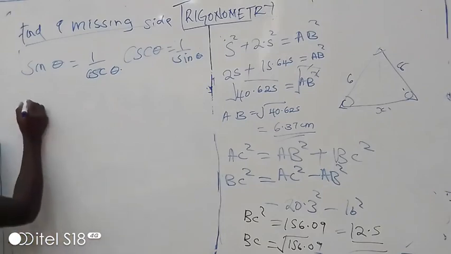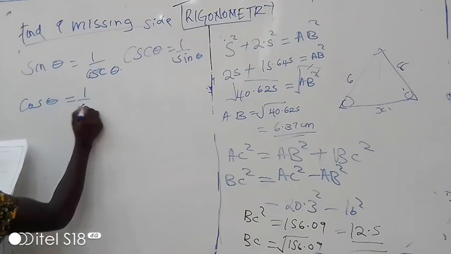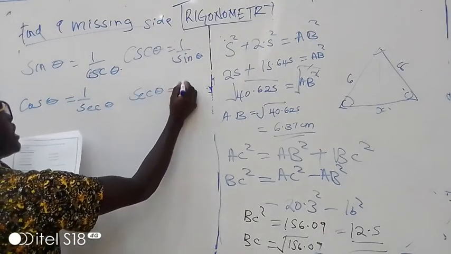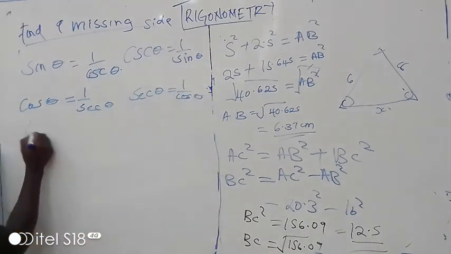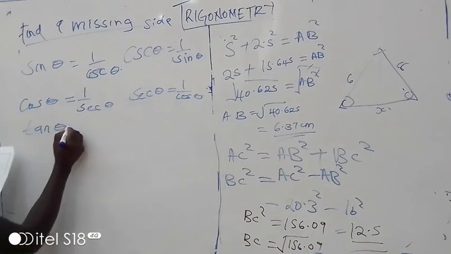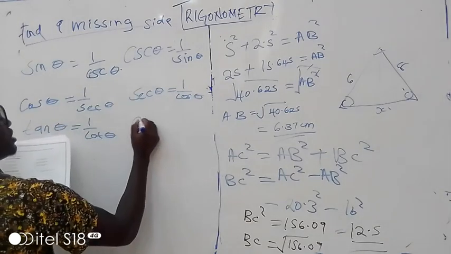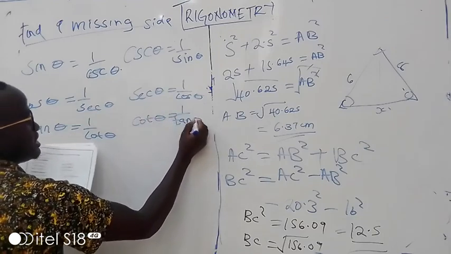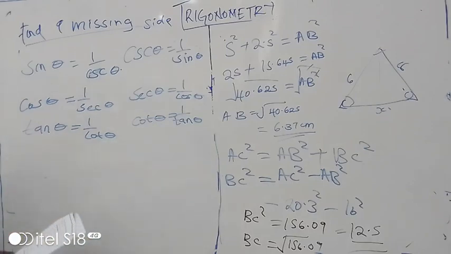And then cos theta is equal to 1 over sec theta. Then sec theta is equal to 1 over cos theta. Still there is tan theta equal to 1 over cot theta, and cot theta is equal to 1 over tan theta. So by that you can solve all the equations.